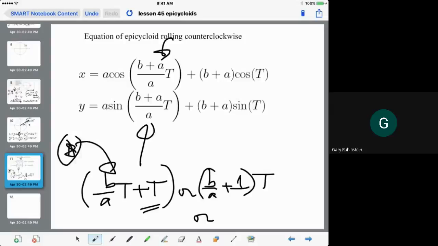If it's rolling inside, it's called a hypocycloid, but the spirograph is not a hypocycloid or an epicycloid, because in an epicycloid and hypocycloid, the point is on the circumference of the small circle, whereas in the spirograph, the point is somewhere inside the rolling circle. I think there are 3 equations for homework. It might be 4.